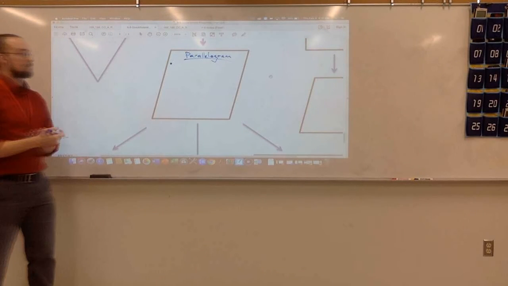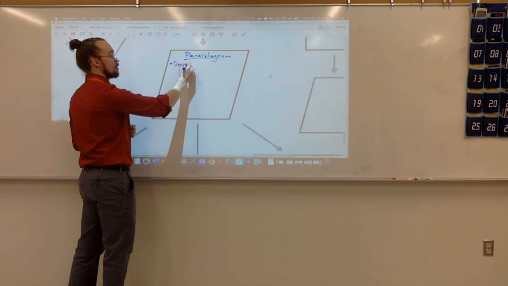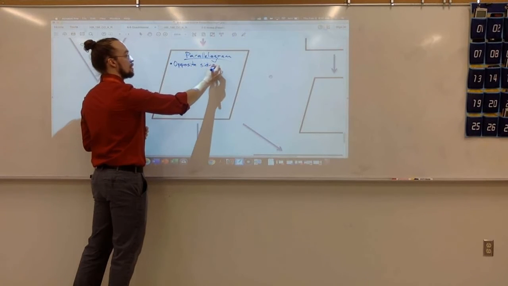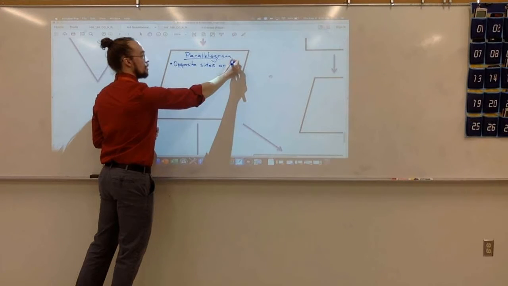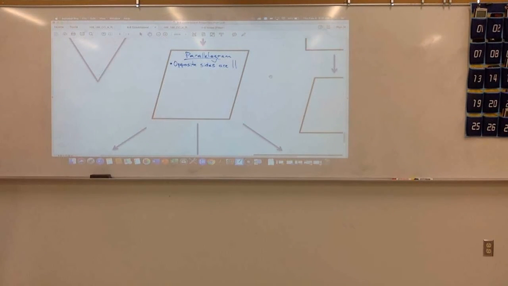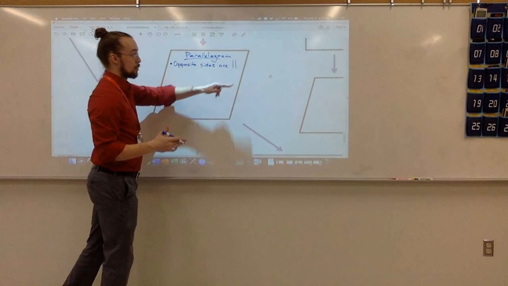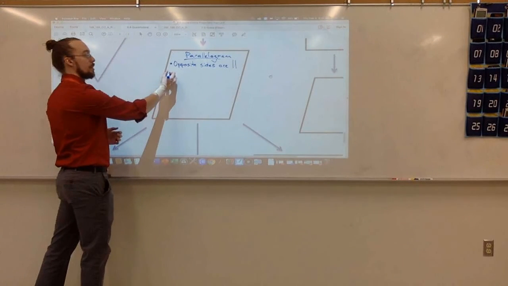Two sets of parallel sides. I'm going to say specifically opposite sides are parallel. And I'm going to use the notation for parallel, these two lines like that. If you want to write out the word parallel, that's fine, but I'm just going to use the notation. Opposite sides are parallel. What else?